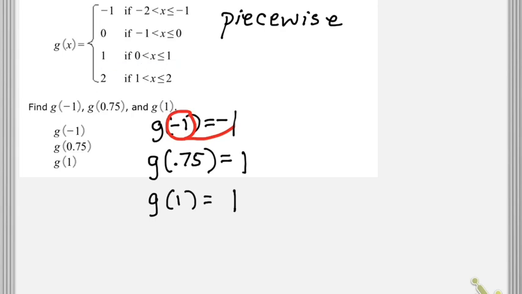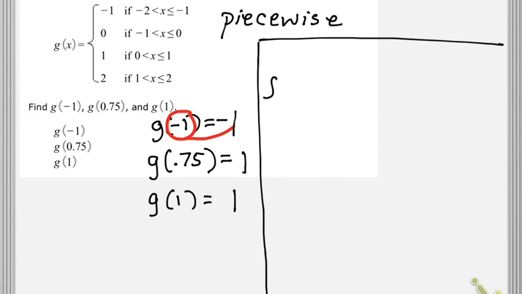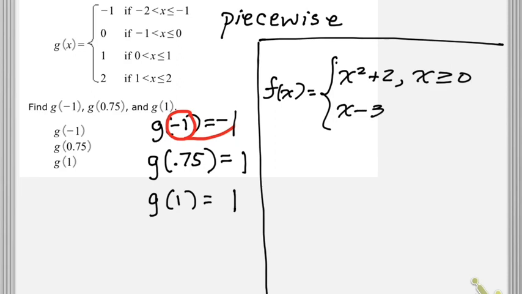All right, so let's go back to that case that I had made earlier, and we'll just do it right on this page here. Make myself a new piecewise function where f of x is equal to x squared plus 2 if x is greater than or equal to 0, and x minus 3 if x is less than 0.